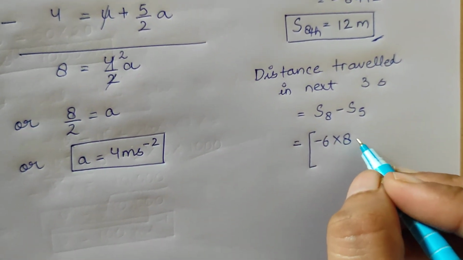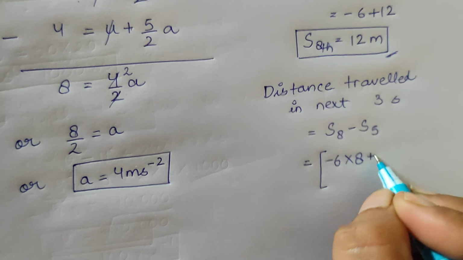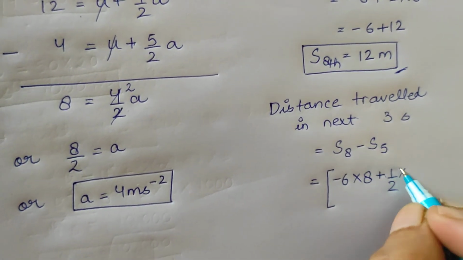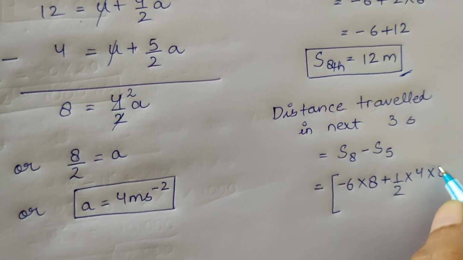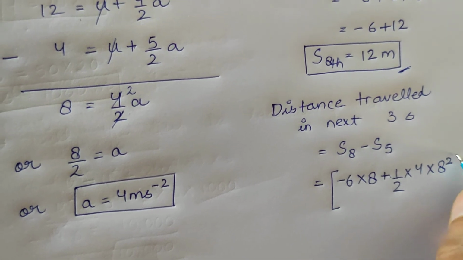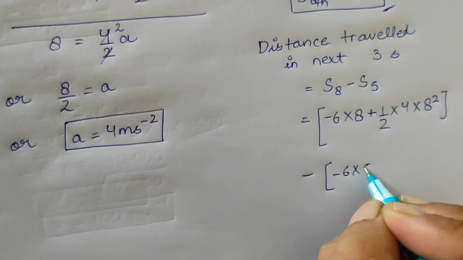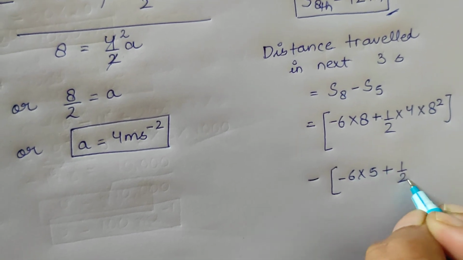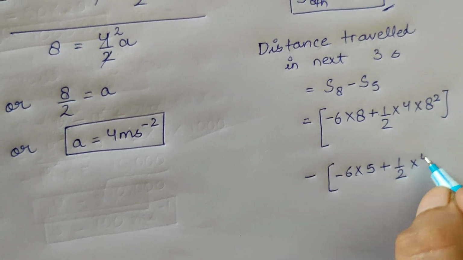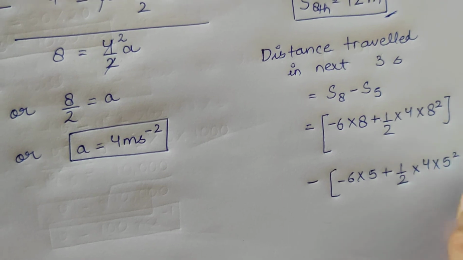We are talking about 8 seconds, plus half, A is 4, T is again 8 square, minus of minus 6 into 5 plus 1 by 2 into 4 into 5 square.